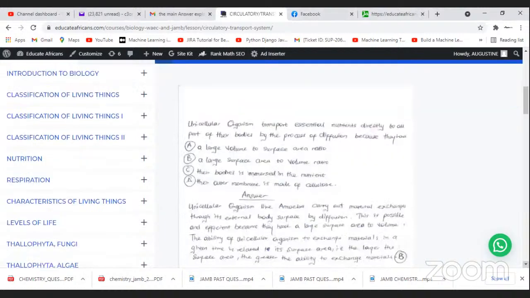Unicellular organisms transport essential nutrients directly to all parts of their bodies by the process of diffusion because they have dash. We're talking about unicellular organisms. Whenever you hear unicellular, talk about large surface area to volume ratio.